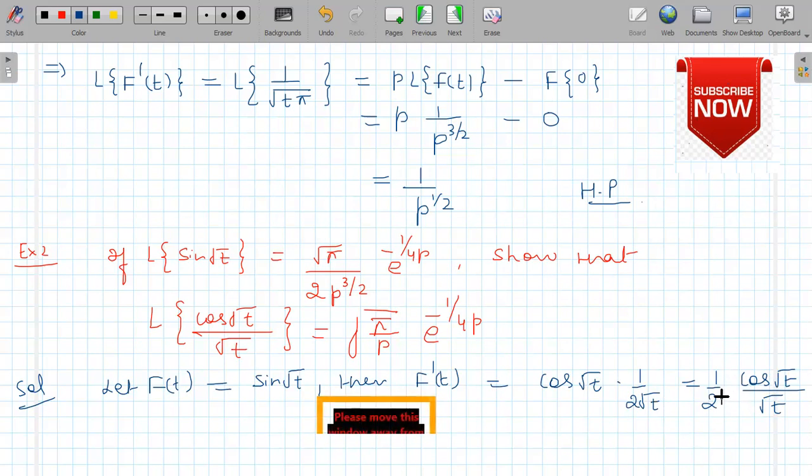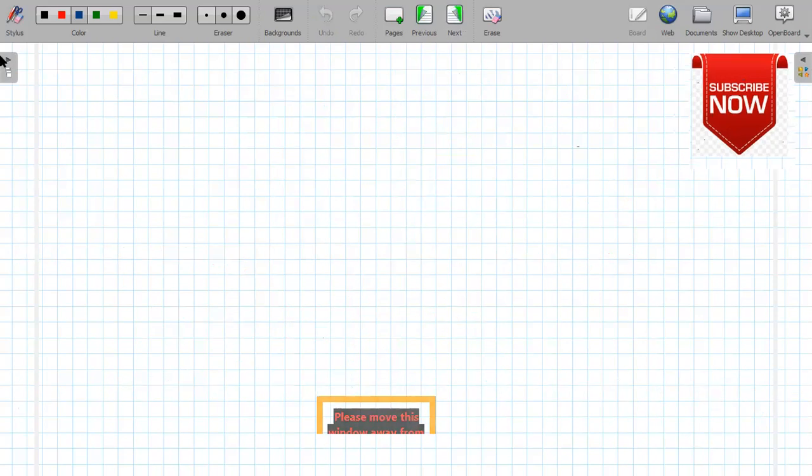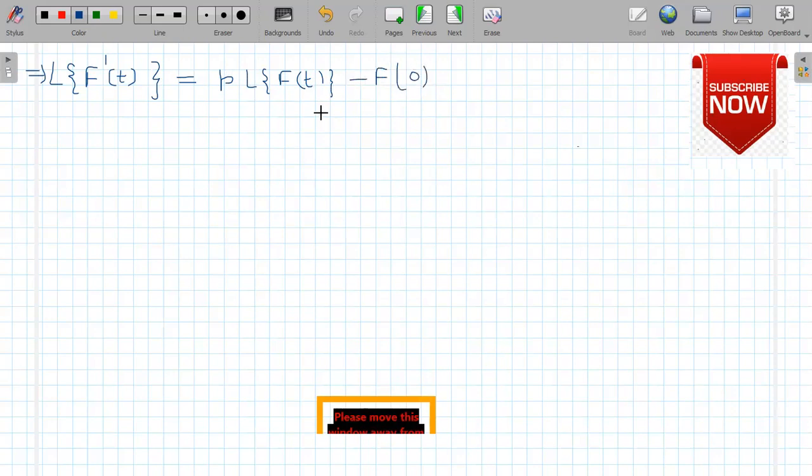Whenever some constant term is appearing in the derivative, you can separate that constant term by linearity property of the Laplace transform. So we move ahead. We directly apply the formula of Laplace transform of derivative of the function, which is defined as p into Laplace of ft minus f at 0.